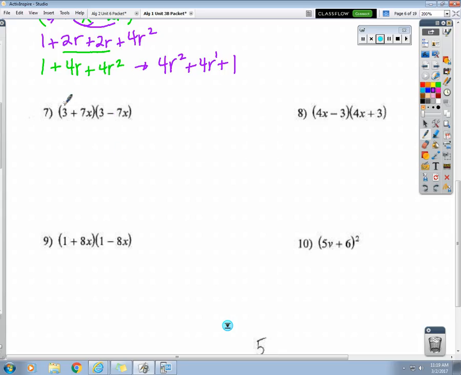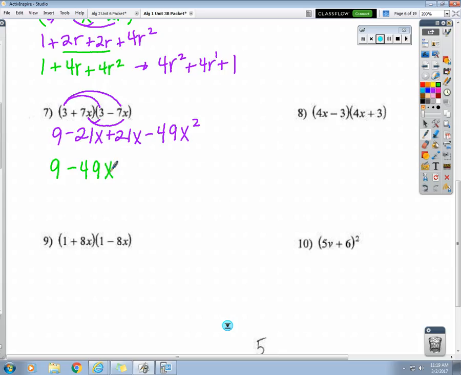So 3 times 3 is 9. 3 times negative 7x is negative 21x. 7x times 3 is positive 21x, and then 7x times negative 7x is negative 49x squared. So when I combine like terms, what will this look like?